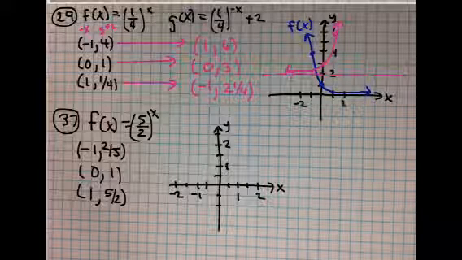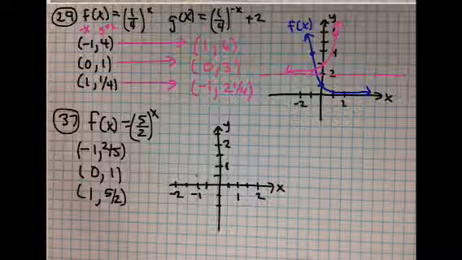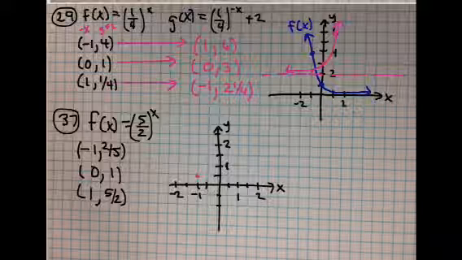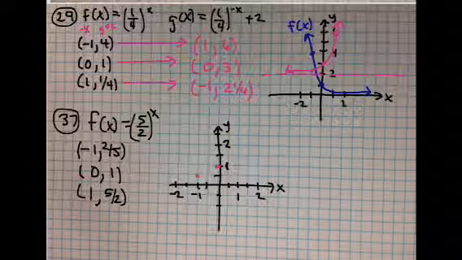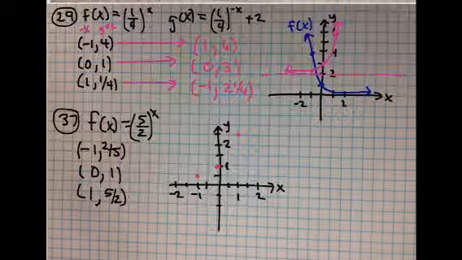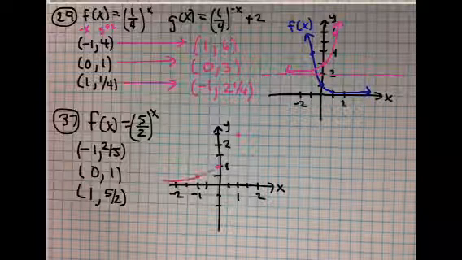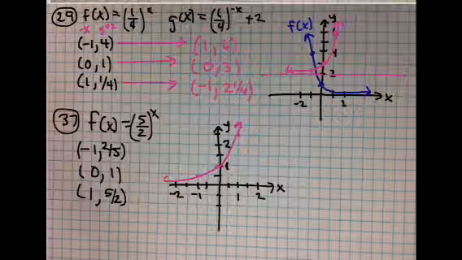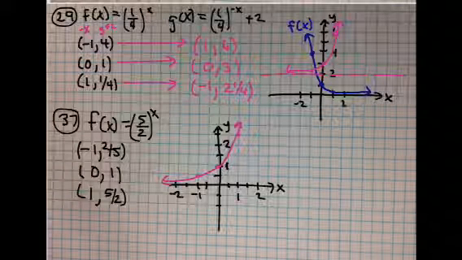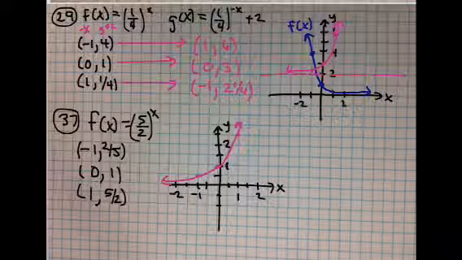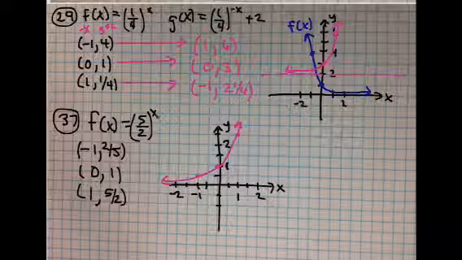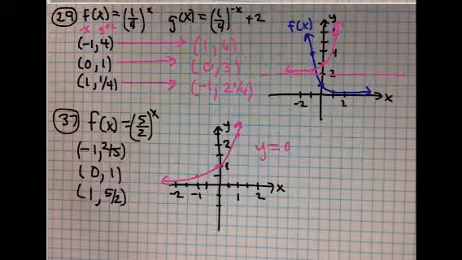So -1 about here, and then 0, 1, and then 1, 2.5. So that would be about here. Connect the points, and there's your graph. They want to identify any asymptotes. So this would be y equals 0.